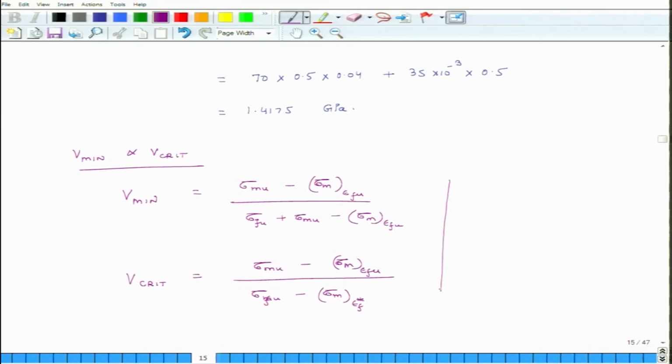Now, if you look at sigma Mu from the graph, at what stress does the matrix fail? It fails at 35 MPa. Second question, what is the value of stress in the matrix at the breaking strain of the fiber? The fiber breaks at how much strain?